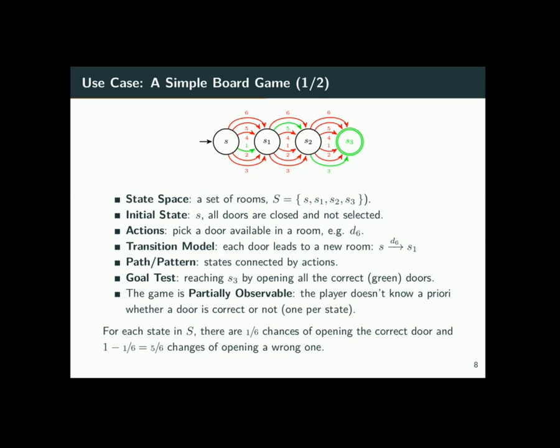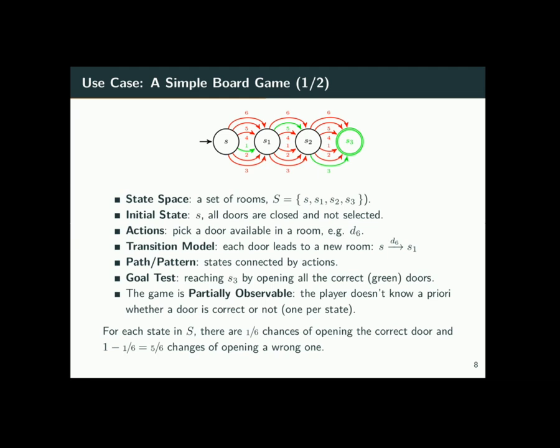But that is non-relevant for us. Then you have actions that for us are just picking the door, and actions are not necessarily related to transitions, but in this case they are. So I might have that by picking one door, I'm transiting from one state to the other. It's going to be more complicated than that in realistic scenarios, but that just provides an intuition.